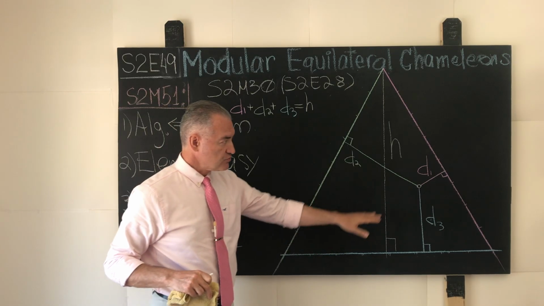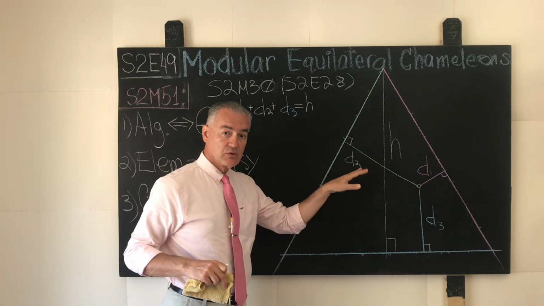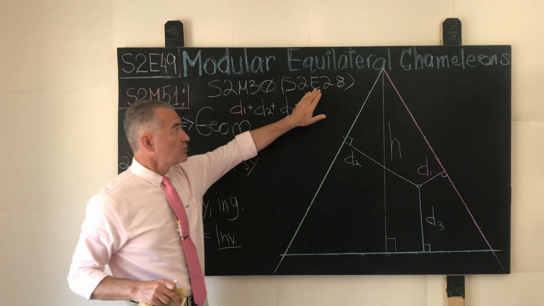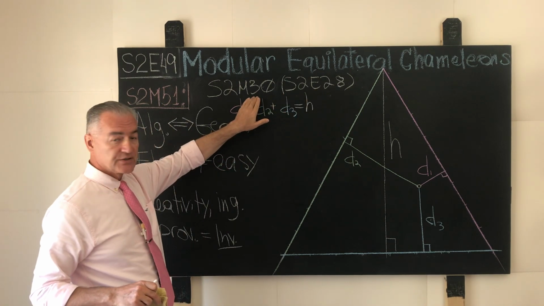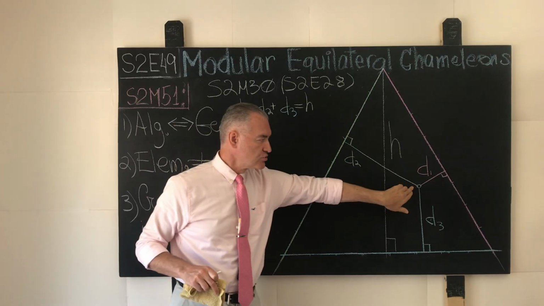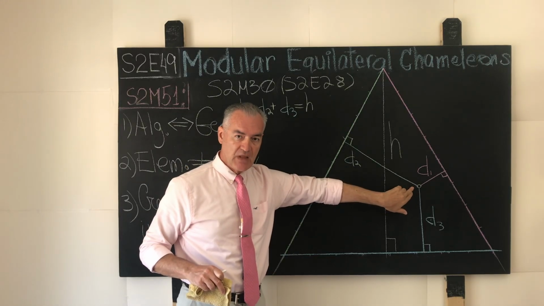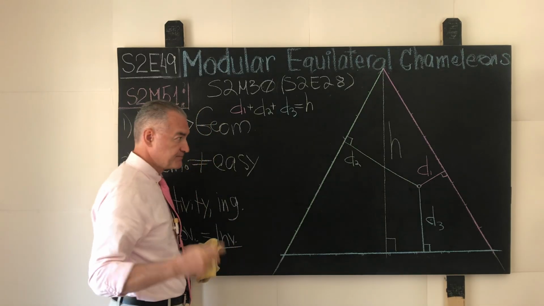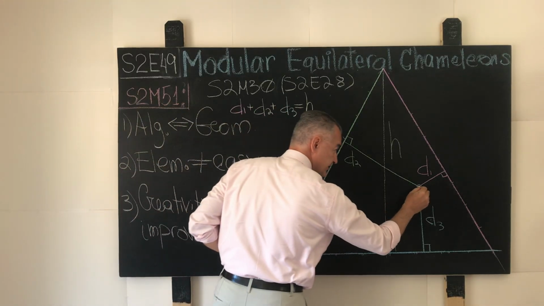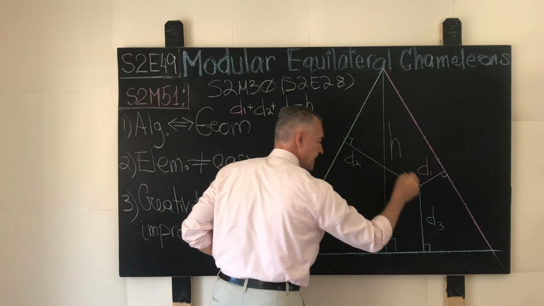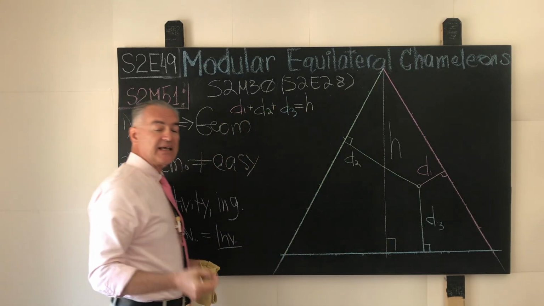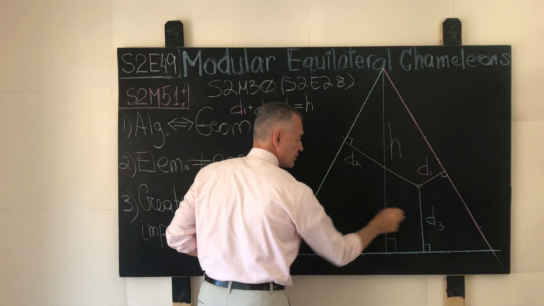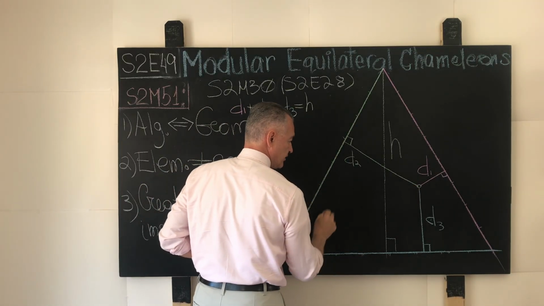This is an equilateral triangle with the sides of equal length painted red, green, and blue. So we proved in season 2 episode 28 in the math problem S2M30 that any point shown over here interior to an equilateral triangle has the following two properties. The sum of distances from that point to all three sides of the triangle is independent with respect to the position of this point. This point can be positioned anywhere inside.